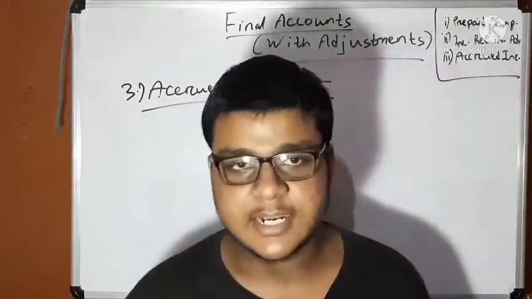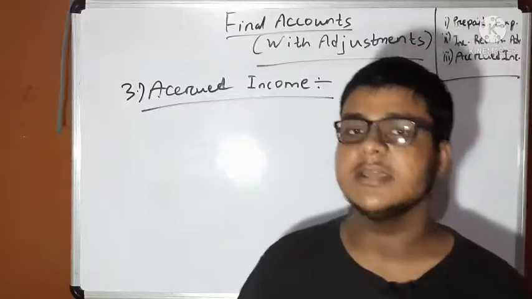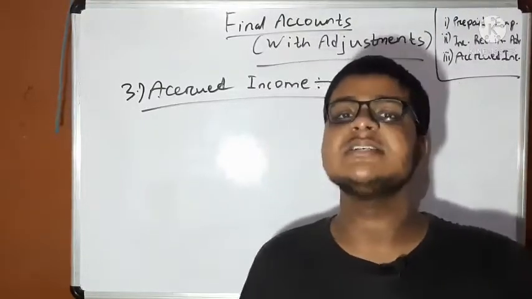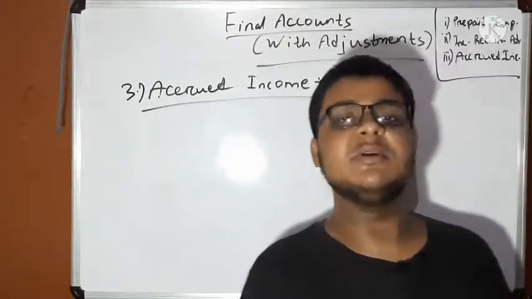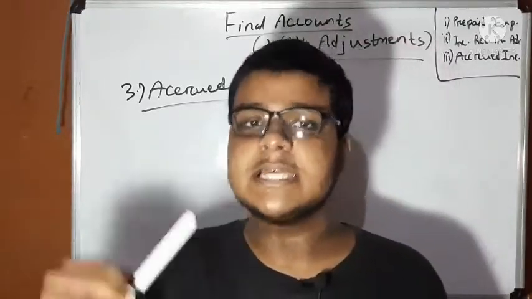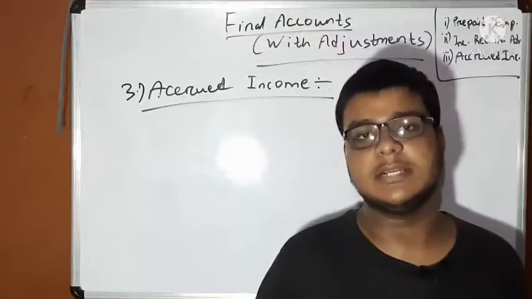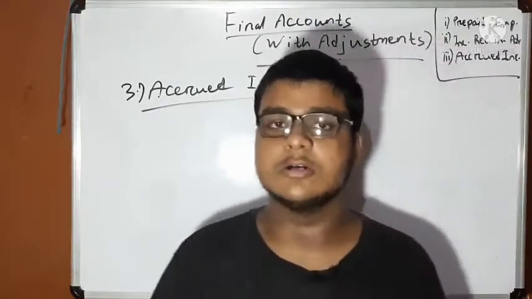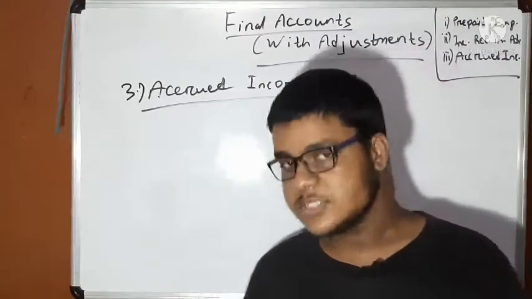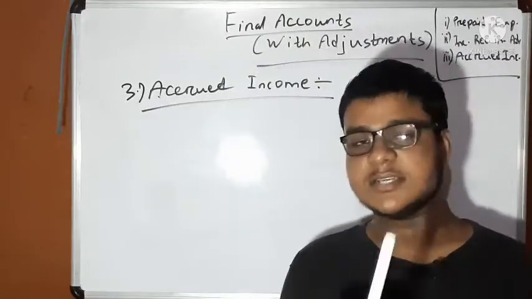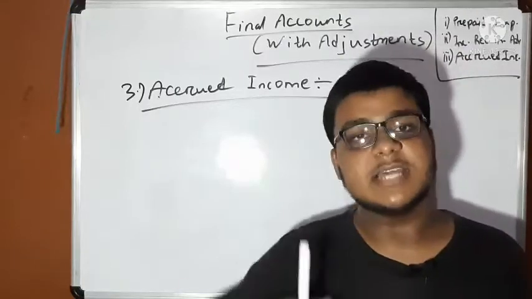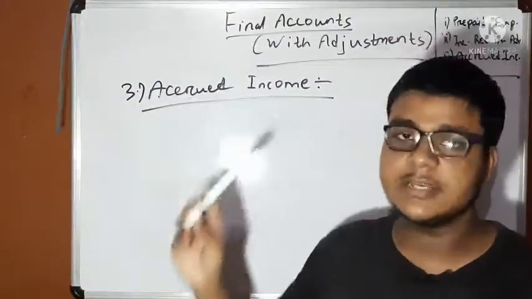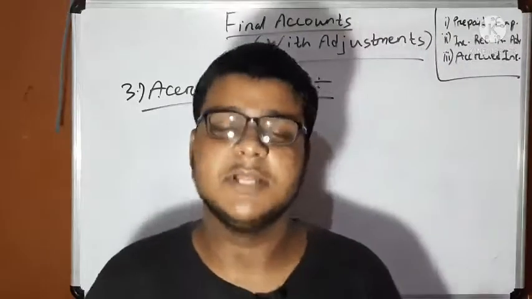Alternatively, please note in your copy, those incomes which are earned in this current accounting period but are to be received in the next accounting period are called accrued income.